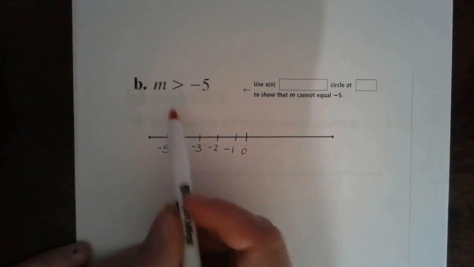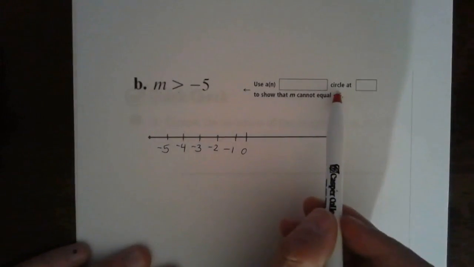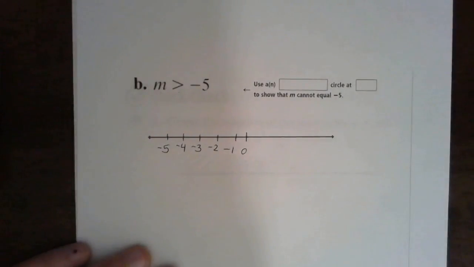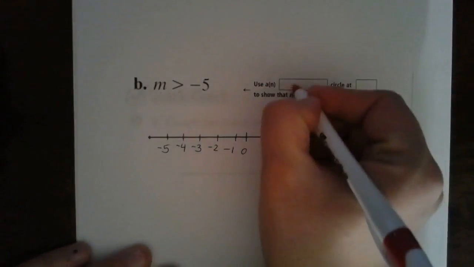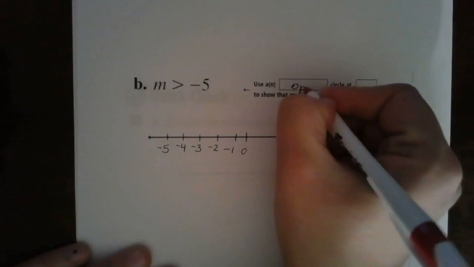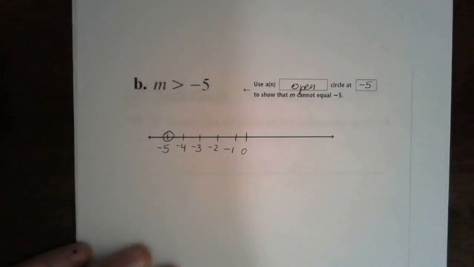Now I want numbers greater than -5. What kind of circle am I going to use? Am I going to use an open or closed one? Well, I don't have an equal sign, so I'm going to use an open circle at -5. Now I have to show numbers that are greater. Numbers greater than a given number are to the right of it.